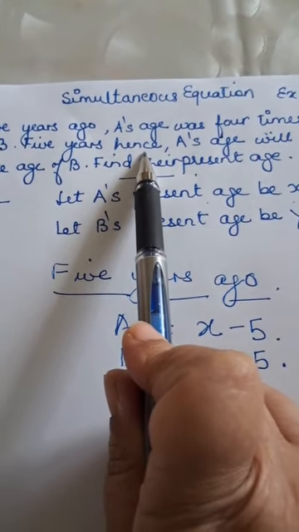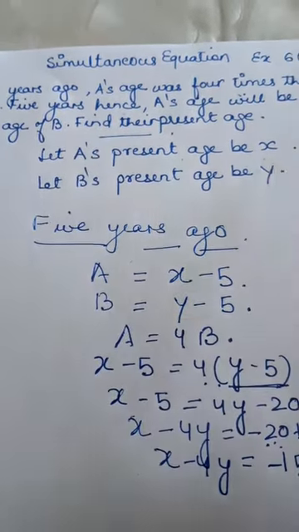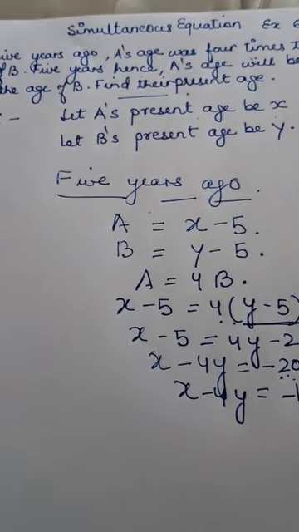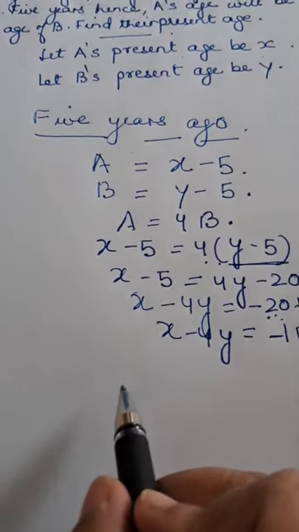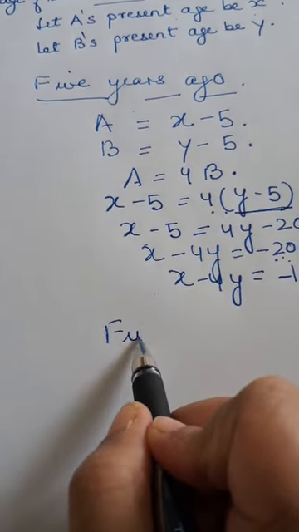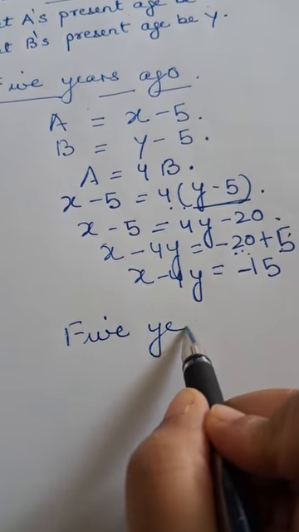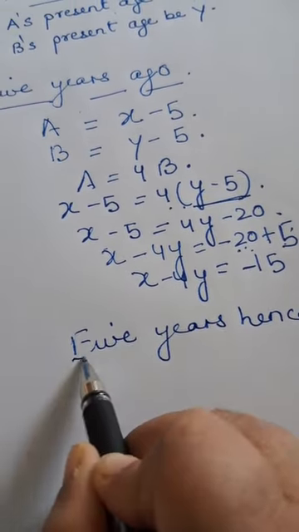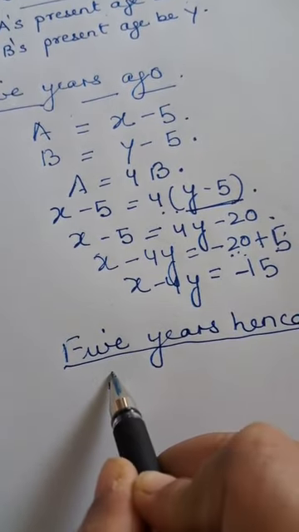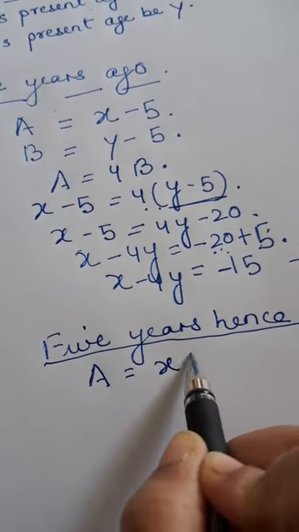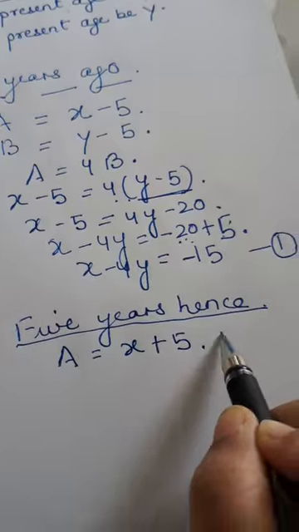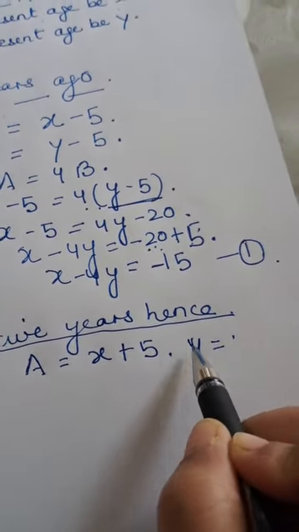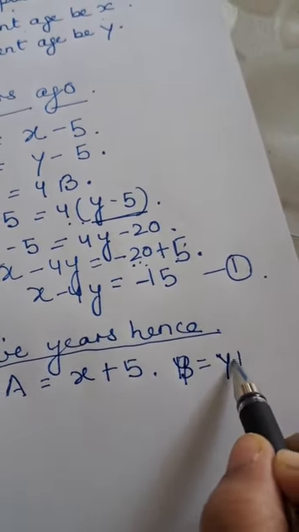5 years hence means afterwards, after 5 years. So we will find out 5 years hence. 5 years hence, A will be X plus 5 and B will be Y plus 5.